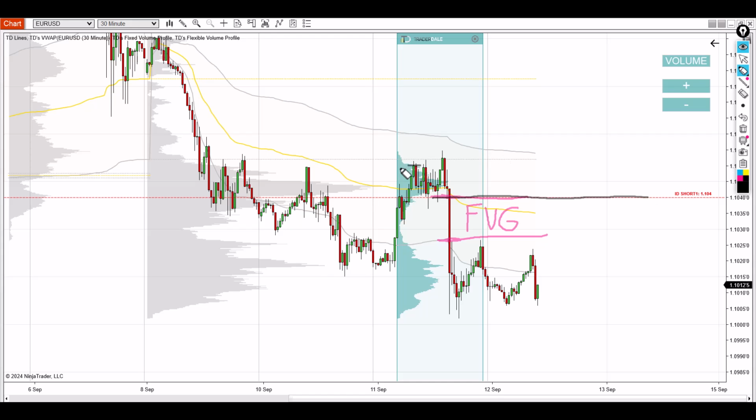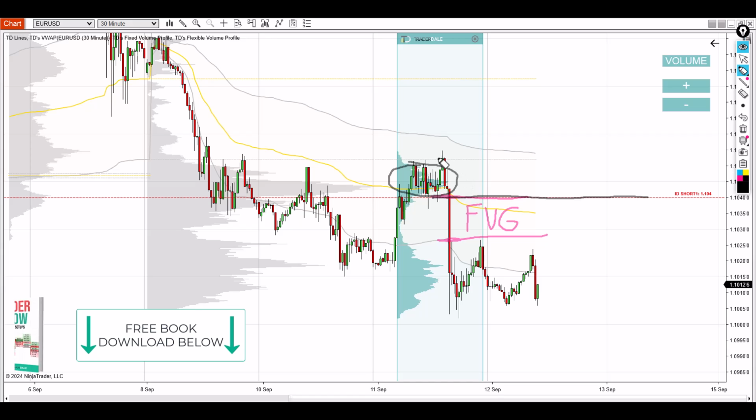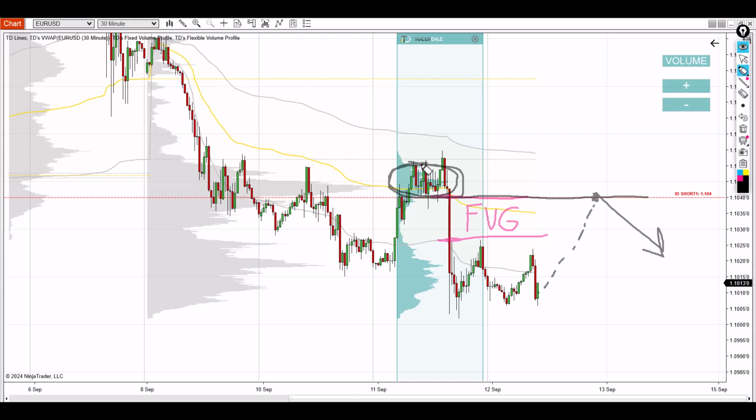And as you can see, it very nicely aligns with the heavy volume zone in here. So we have a nice combo of two trading setups, and that means that when the price comes to this level, chances are that there'll be a reaction. The sellers from here will want to become active, defend this place, and push the price downwards from there again.